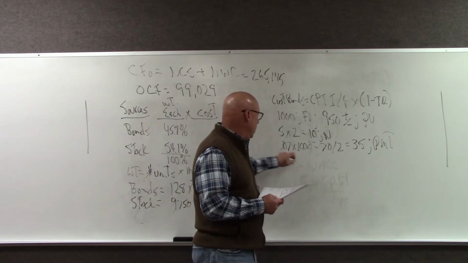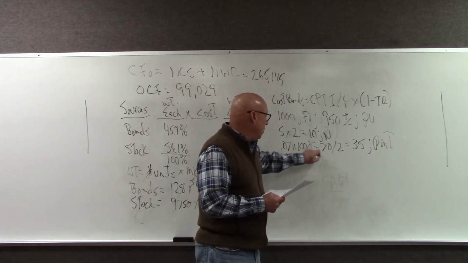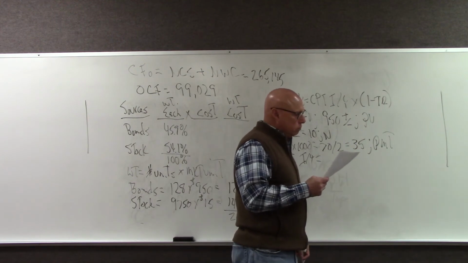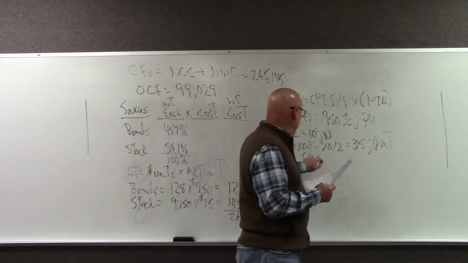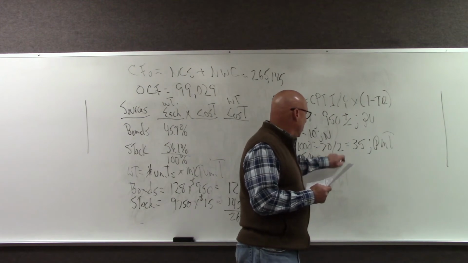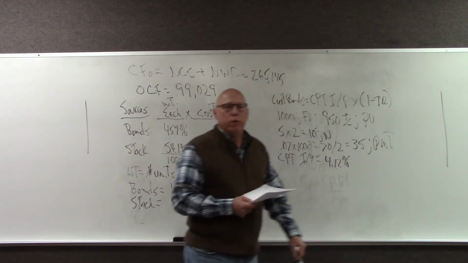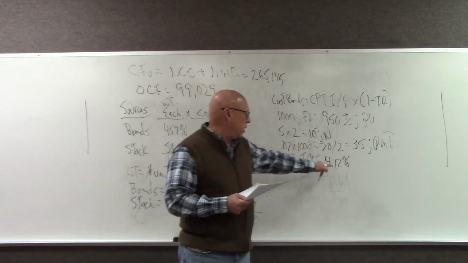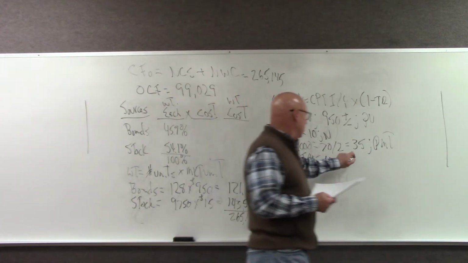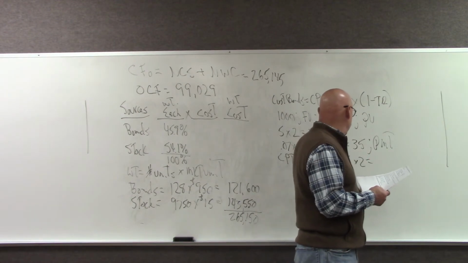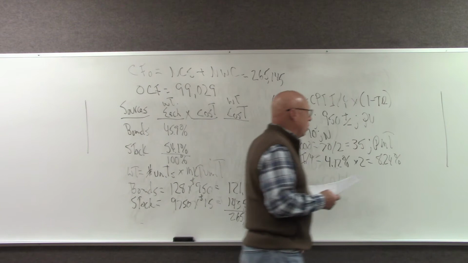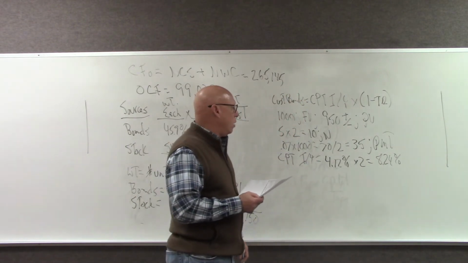Okay? So we've got our future value, our present value, our N, and our payment. Compute IY, and we get 4.12%. That is the semi-annual IY, semi-annual problem, semi-annual answer, times 2 payments per year, 8.24%. And that is our before-tax annual IY.